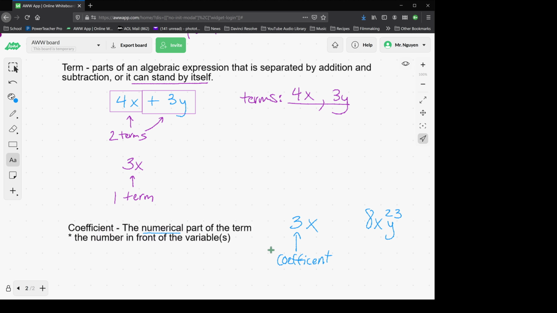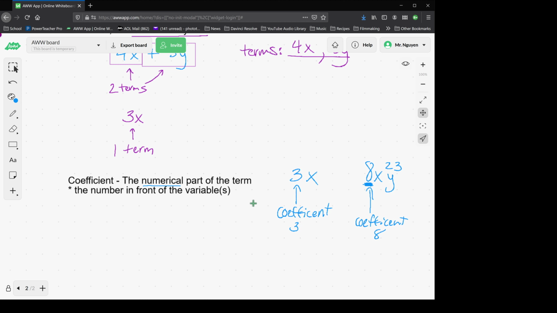So if I were to ask you what is the coefficient for 8x squared y cubed, you would just say 8. That's the coefficient. 8 is the coefficient, and 3 is the coefficient over here. It doesn't matter how complex this looks. If I ask you for the coefficient, that's just the number in front of all the variables.